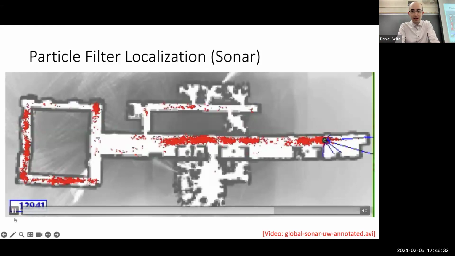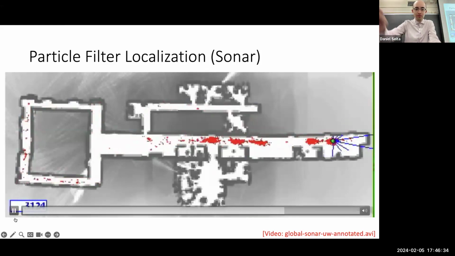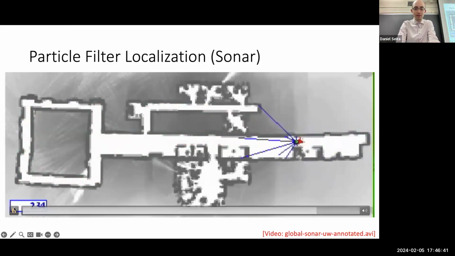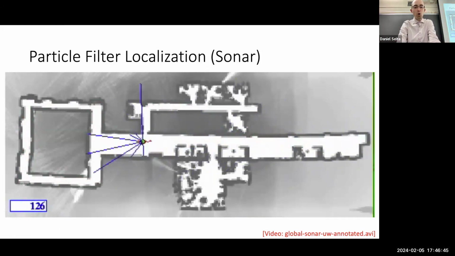And if we move on, then the number of particles disappears or goes smaller until we get to a single mode around where the robot is.